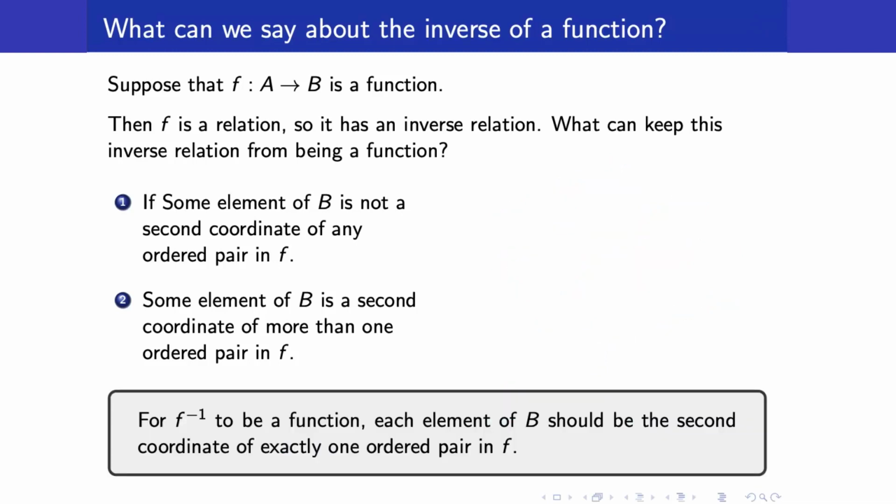So there, for the inverse relation to be a function, each element of B should be the second coordinate of exactly one ordered pair in F. And this is equivalent to saying that F is bijective. How do bijective functions look like?